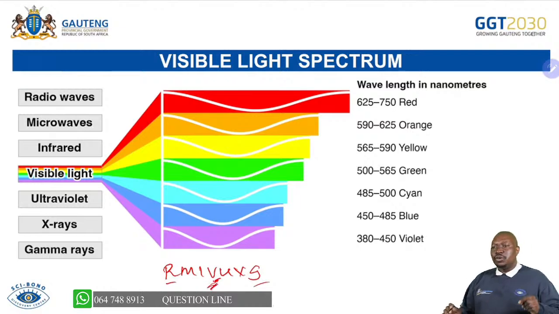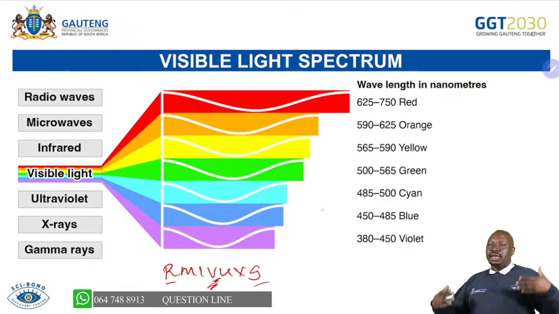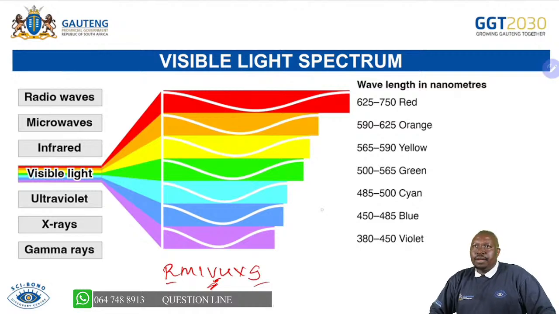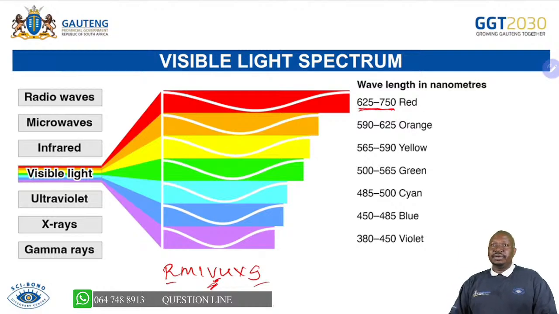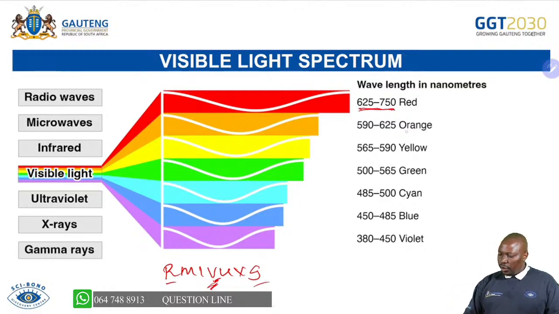So in the question, we can give you any of the visible light to say a metal is now exposed to this light. Will there be photoelectric effect or not? Remember, these lights have their wavelengths in nanometers. So you can see the red will have 625 to 750 nanometers, orange 590 to 625.